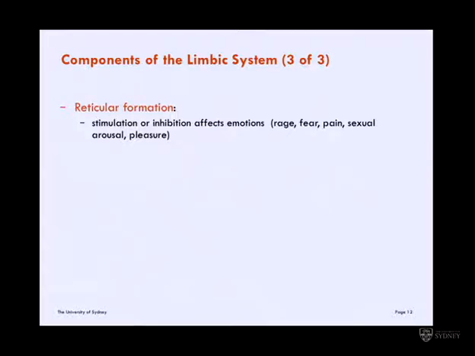Reticular formation is a group of nuclei located mainly starting in the midbrain region and traveling all the way down right up to the spinal cord. Reticular meaning network. It's believed to consist of around 100 nuclei doing different functions.